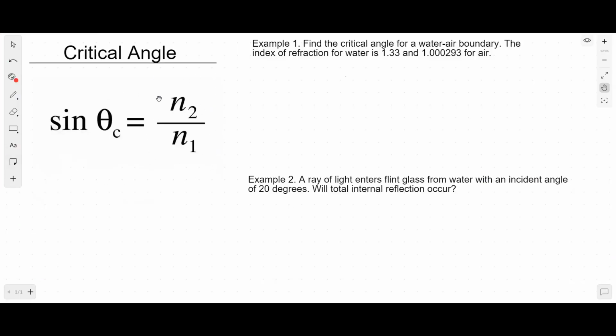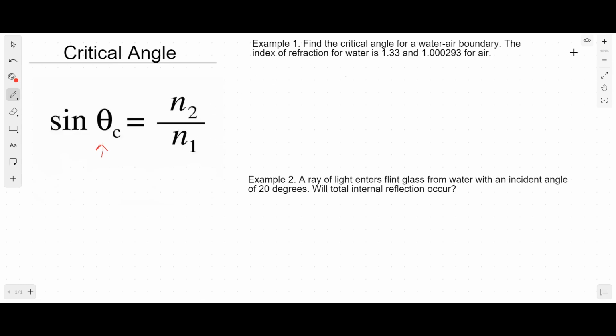Now, to solve for the critical angle, the equation is given as sine theta c, and theta c is what we'll call the critical angle, that's the symbol for that, equals n2, the index of refraction for the second medium, over n1, the index of refraction of the first medium.